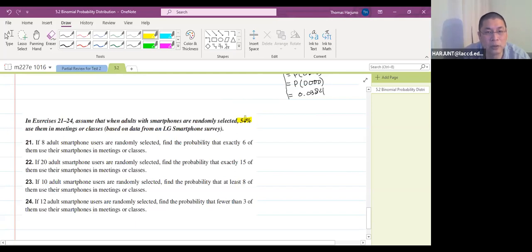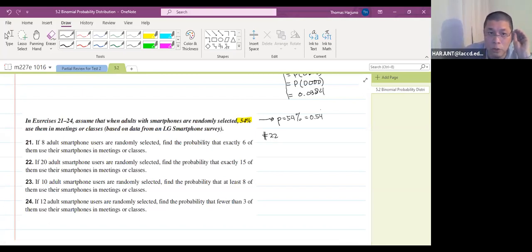Now, this is based on data from an LG smartphone survey. Number 22. Here we get P is 54%, or in decimal, 0.54. Change it to decimal before you plug that into the calculator. Or you can also use a fraction, but definitely not a percentage when you use your calculator.